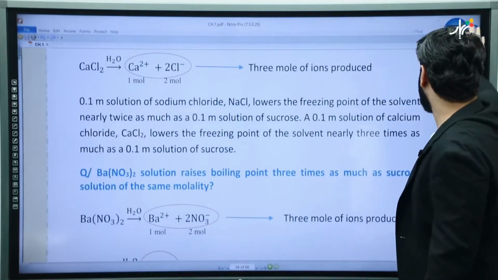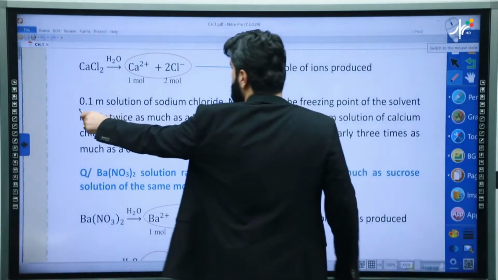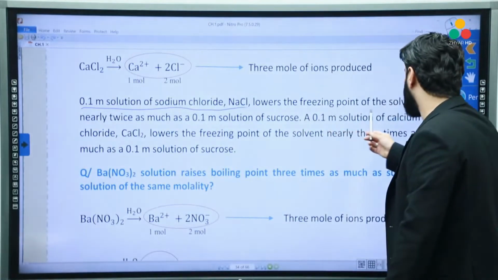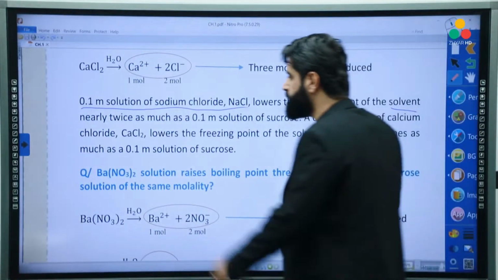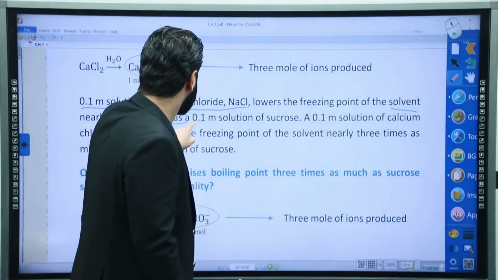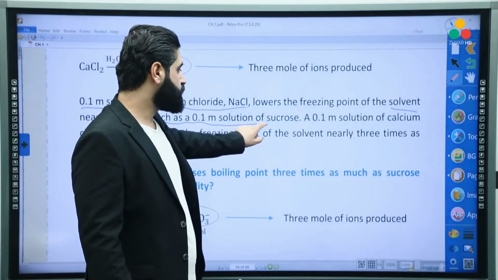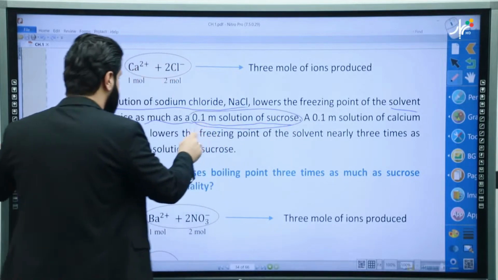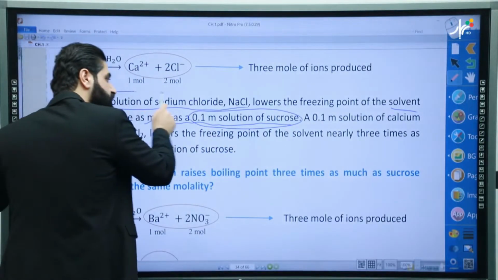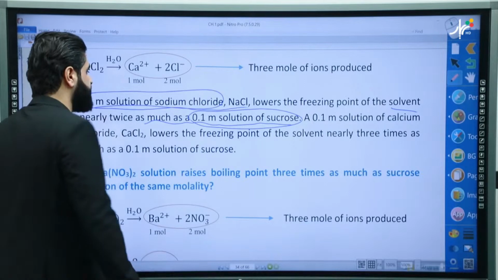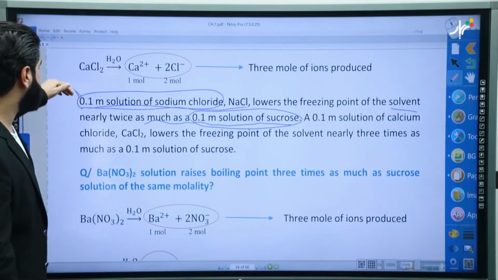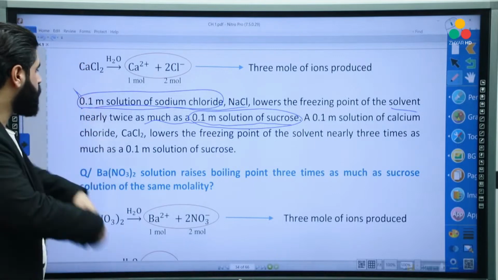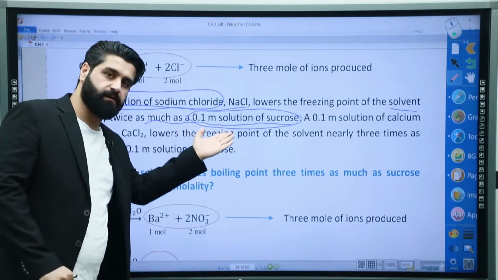And now we can see 0.1 molar solution of sodium chloride NaCl lowers freezing point of solvent nearly twice as much as 0.1 molar solution of sucrose. It means if we have 0.1 molar solution of sucrose compared to 0.1 molar solution of sodium chloride, it lowers freezing point and vapor pressure nearly twice greater than this one.